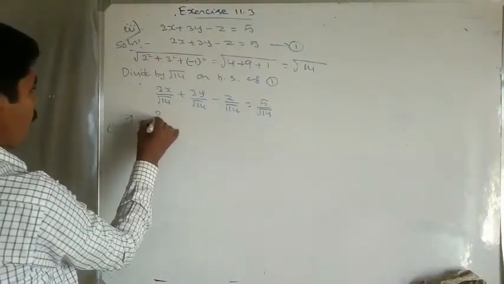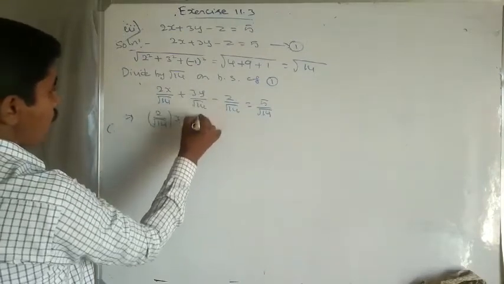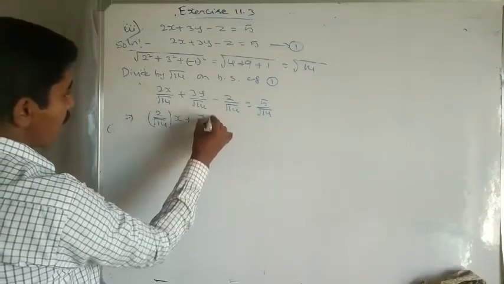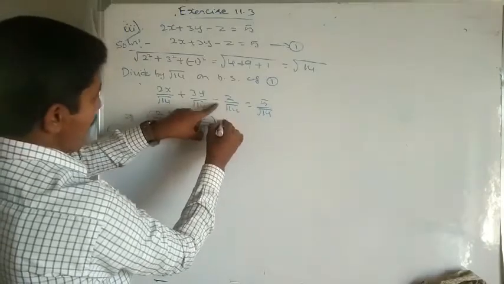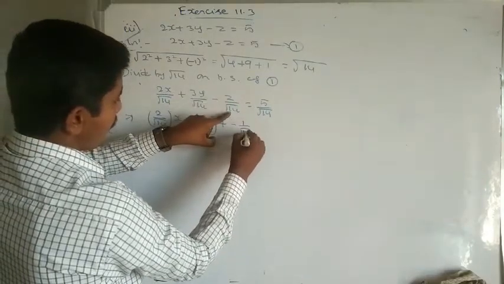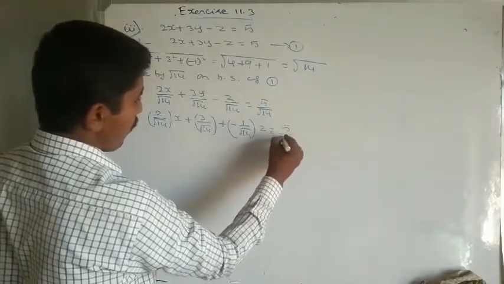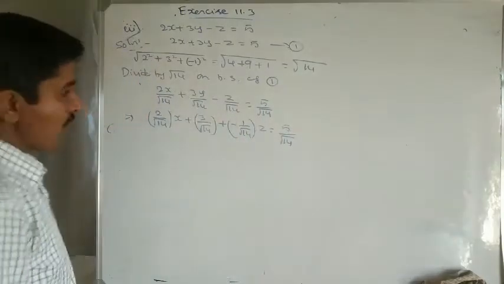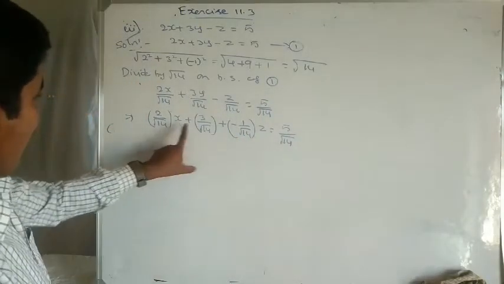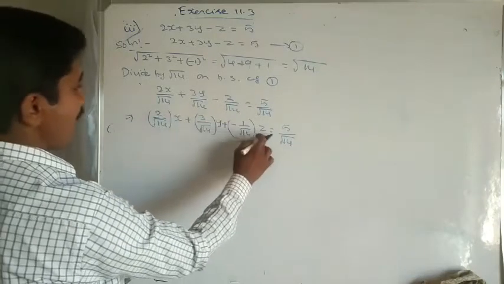The x coefficient is 2 by root 14, this is 2x, the y coefficient is 3 by root 14, and the z coefficient is minus 1 by root 14 into z, is equal to 5 by root 14.